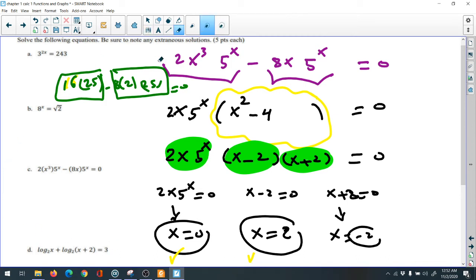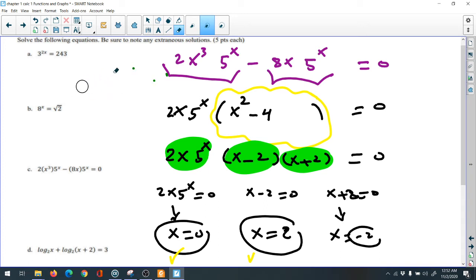Now if you check out x equals negative 2, let's do that here. Let's use a different color, the red one. Substitute for x equals negative 2.